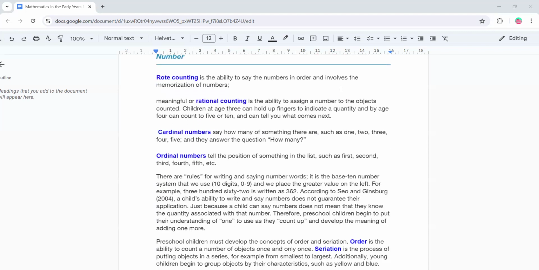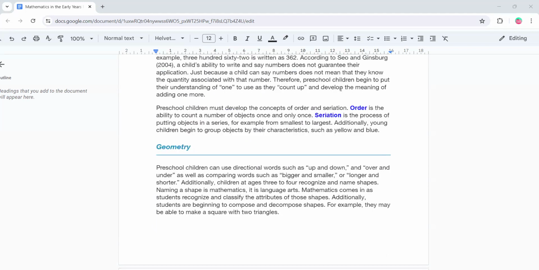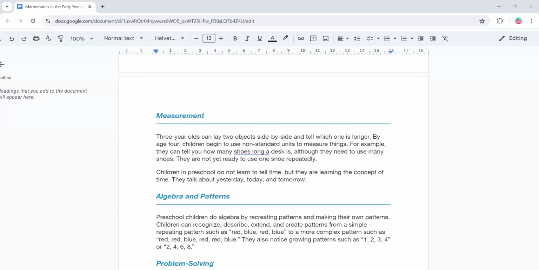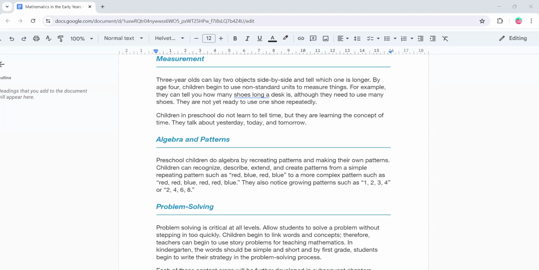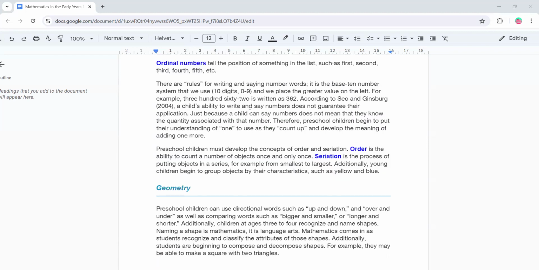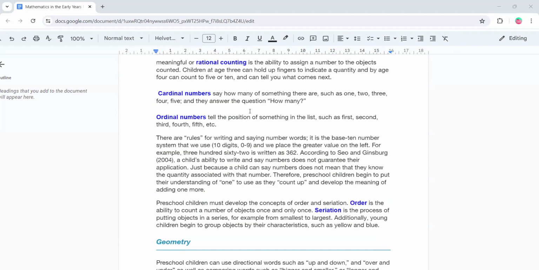So you can understand the basics of numbers, the basics of geometry shapes, and comparing, the basics of all kinds of measurements, the basics of algebra, different kinds of patterns, and especially problem solving come through preschool education. So having mathematics in preschool education is very important.